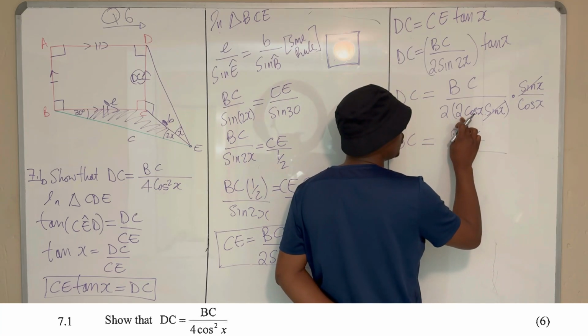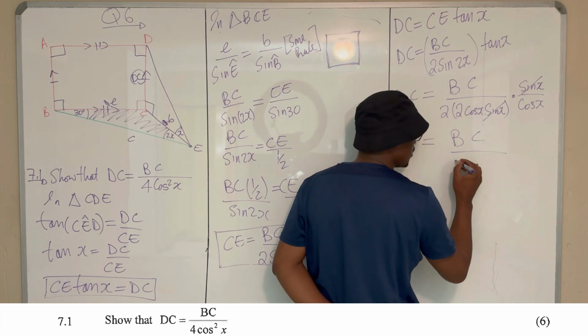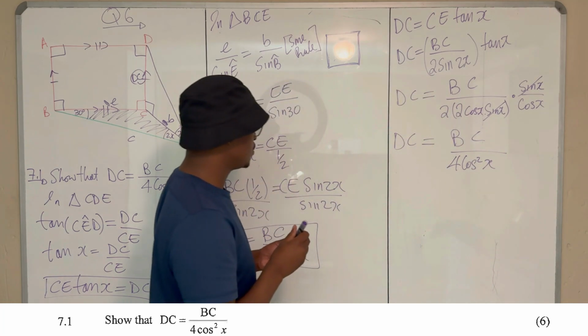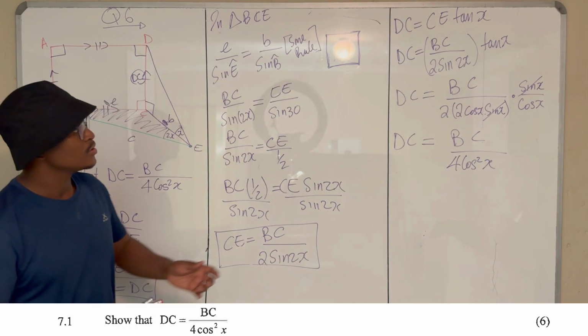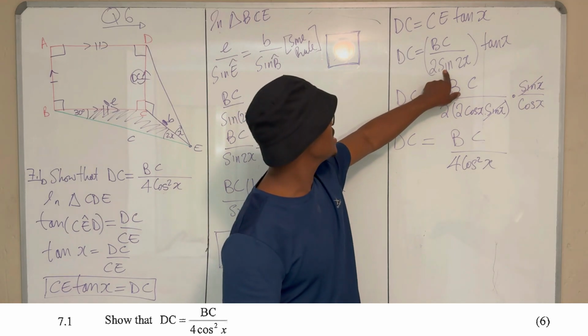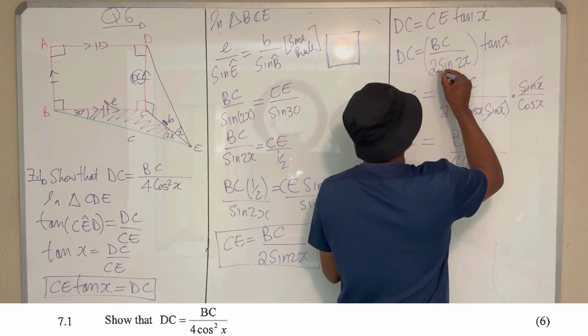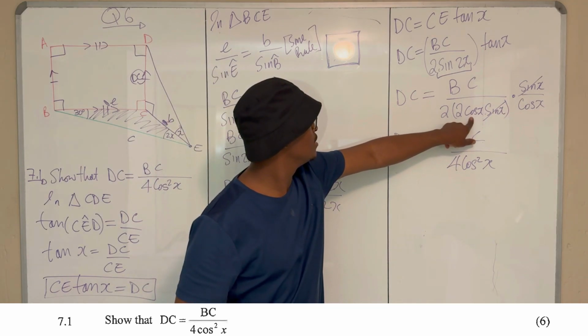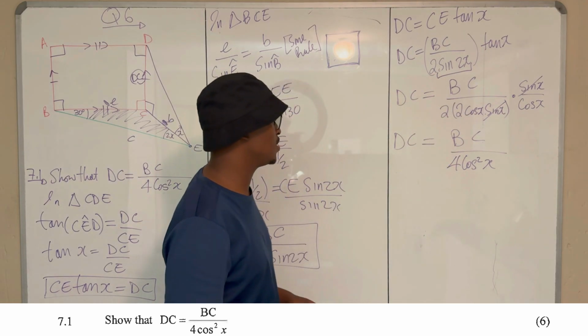So this and this is 4, this times that, so you have 4 cos squared x. So that's how it goes. So here you just need to remember the double angle formula identity for that, which is this, and the 2 is still out there, and we're done with this one.